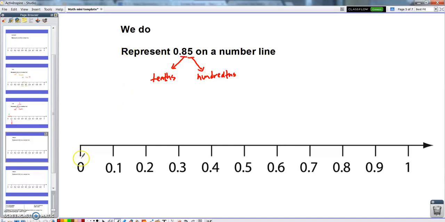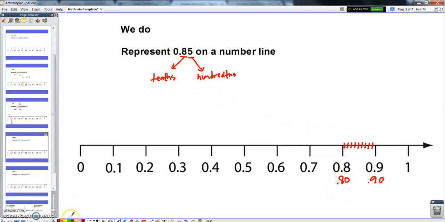So I'm going to go over to 8 tenths and another 5 hundredths. I'm just going to partition this section into 100ths now. So that's 81 hundredths, 82, 83, 84, 85, 86, 87, 88, 89, 90 hundredths. This is 80 hundredths, and this is 90 hundredths.